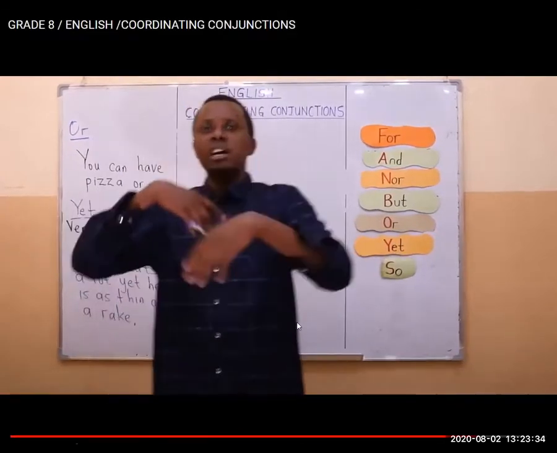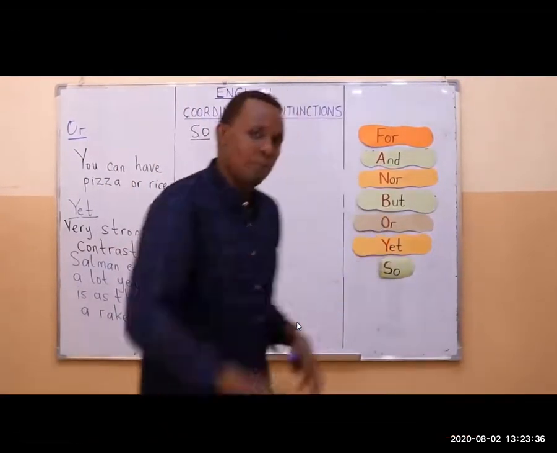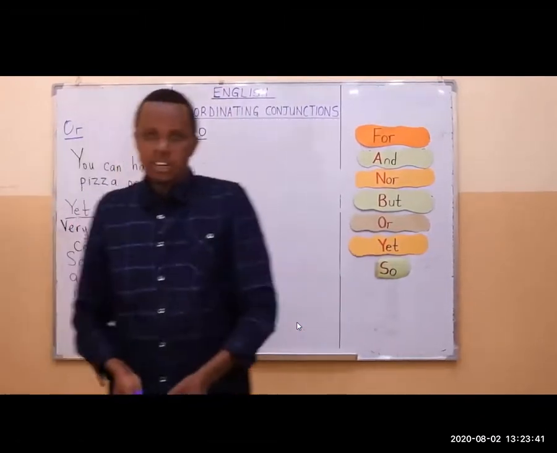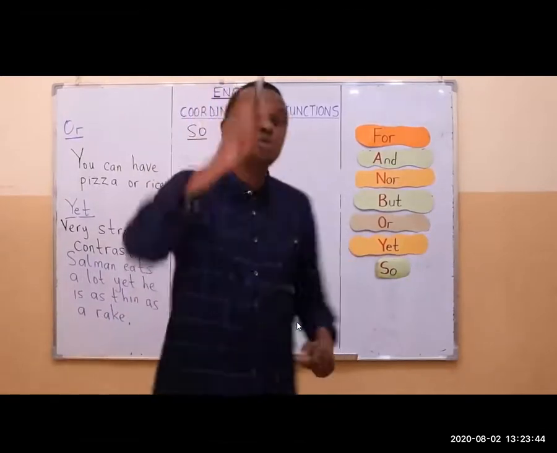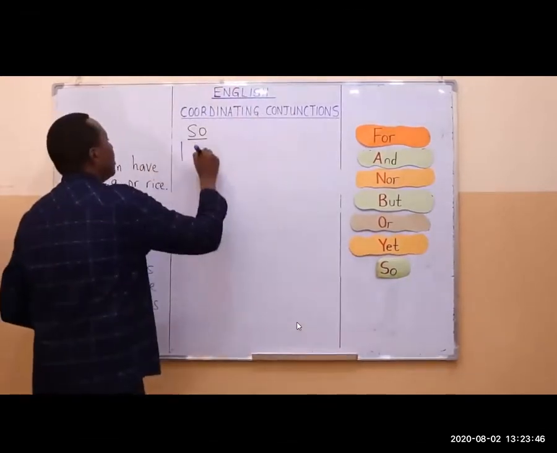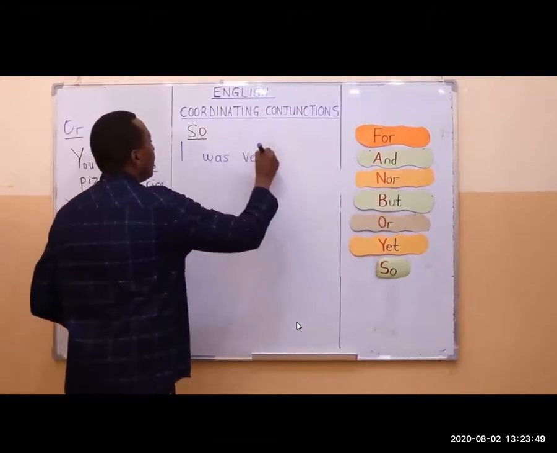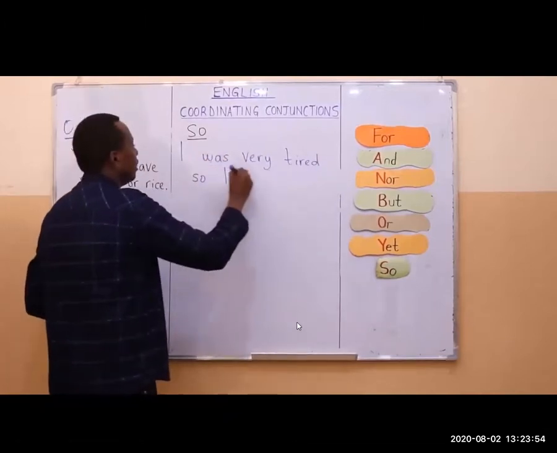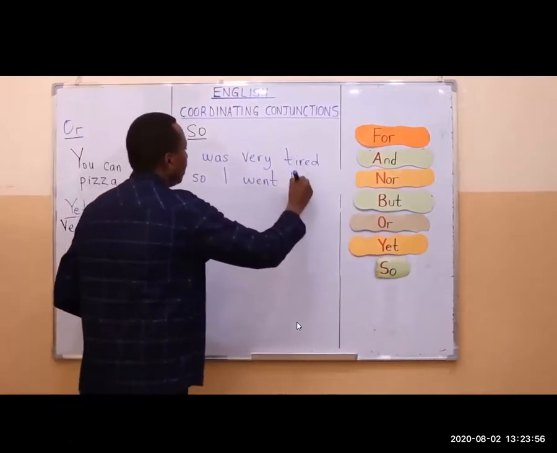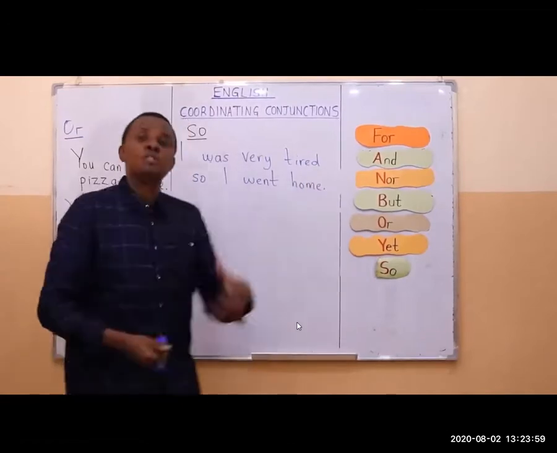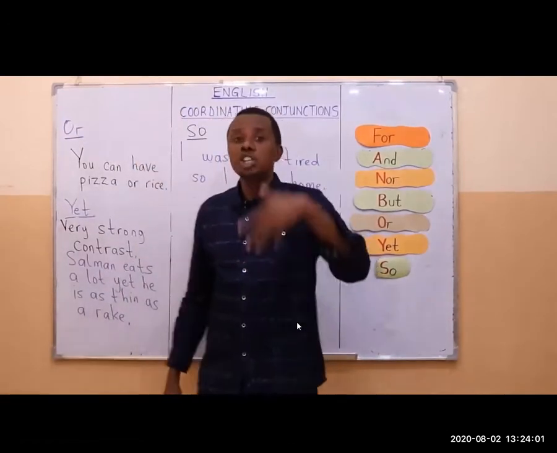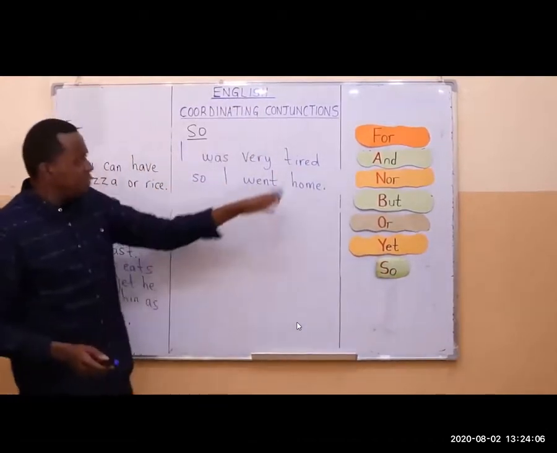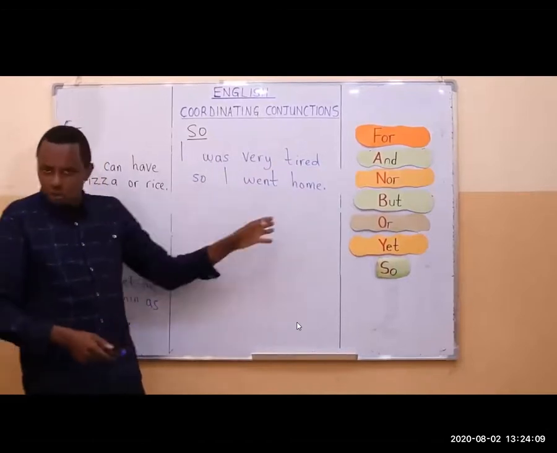Think of that day, or think of a situation where you're going home after school and you're very tired. If we've had a sports day, you're tired, so you need to go home. You could say, I was very tired, so I went home. So we have the result here. The result of being tired is that you had to go home.